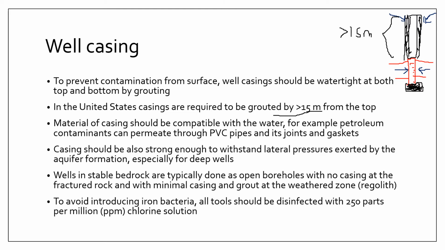And in terms of material, we should also consider the potential contaminants that might be encountered at the well site. For example, petroleum contaminants can easily permeate through PVC pipes as well as its jointing and gaskets.